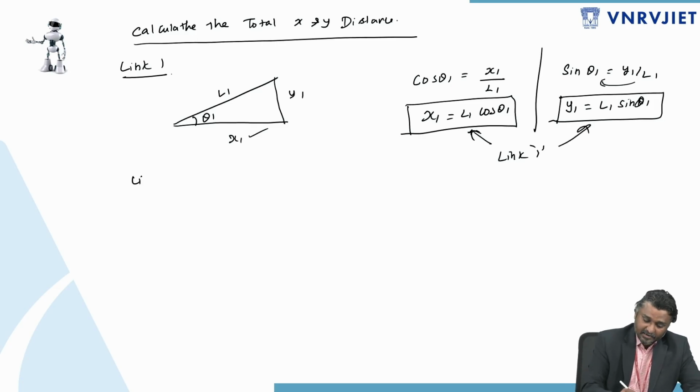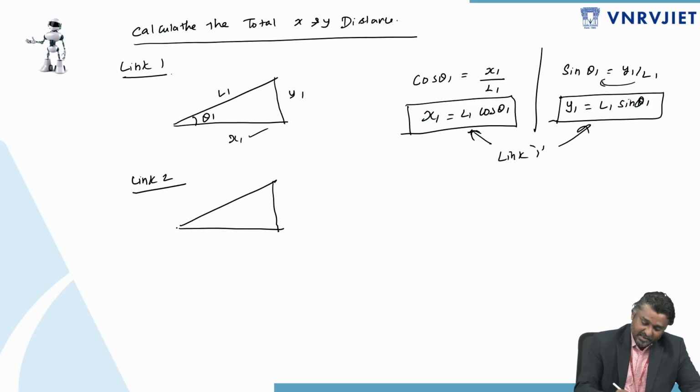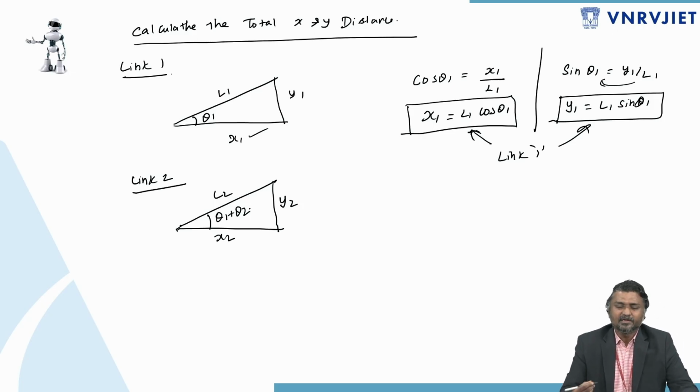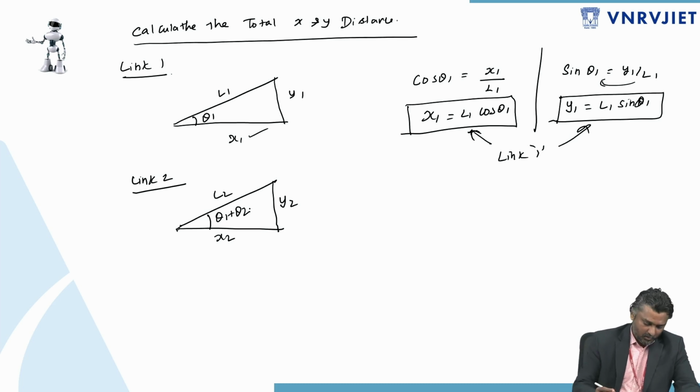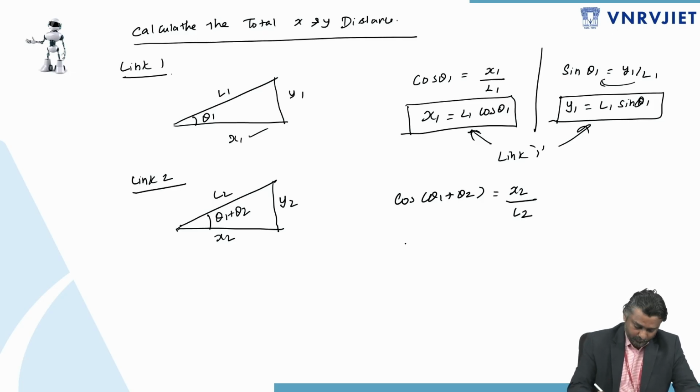Okay, and for link 2, I am considering a triangle. This is the L2, X2, Y2, but the angle I'm considering is theta 1 plus theta 2. Theta 1 plus theta 2 is the angle of link 2 with respect to the reference frame. So cos of theta 1 plus theta 2 is equal to x2 by L2, so x2 is equal to L2 cos theta 1 plus theta 2.